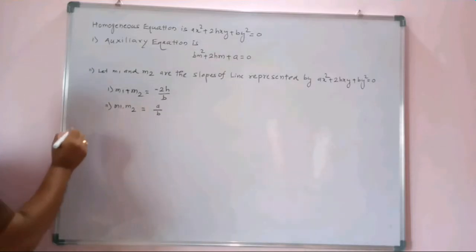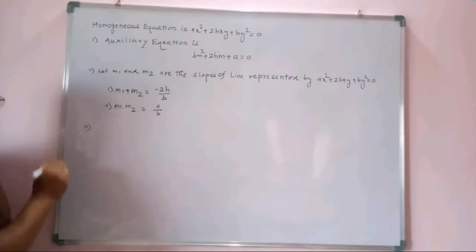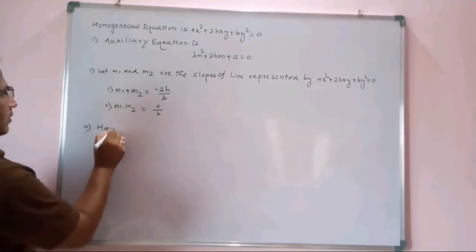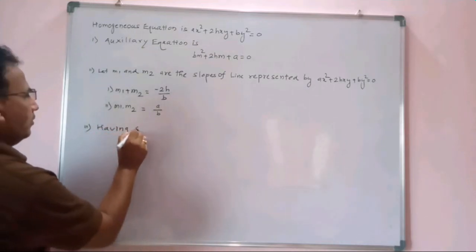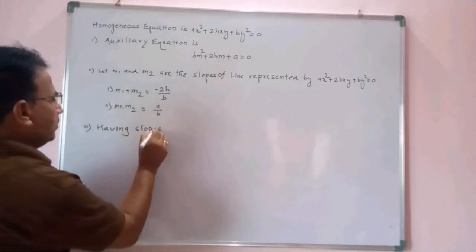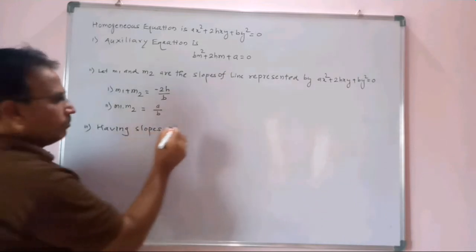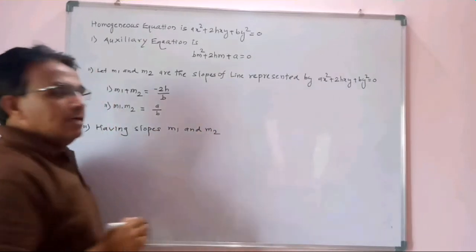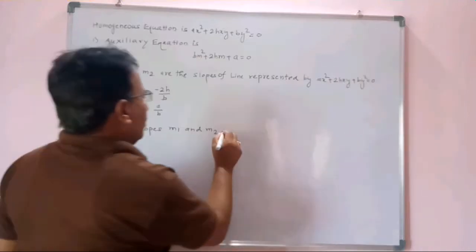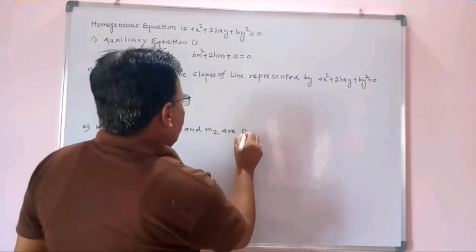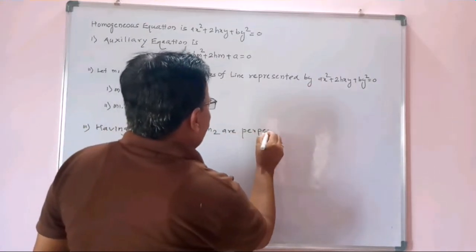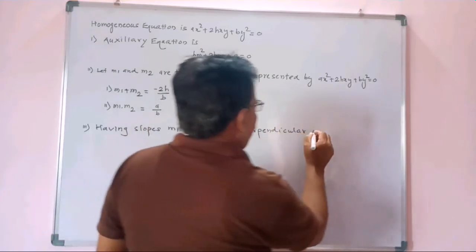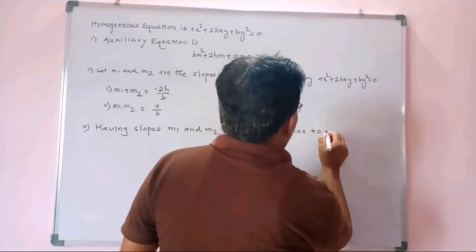And the third condition is that the lines having slopes m1 and m2 are perpendicular to each other.